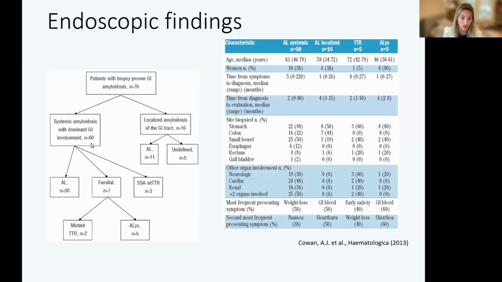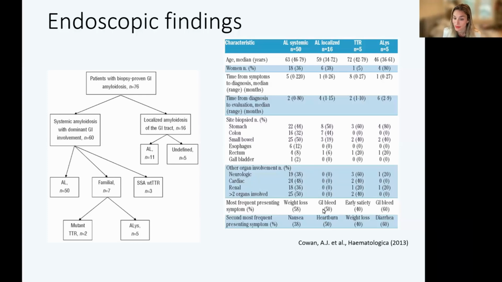Even with the systemic GI involvement, the most common type, which panned out in other studies as well, is going to be the AL type, with lesser common familial or TTR and other subtypes. In the patients with localized amyloid deposition, what we can see is that there's no other organ involvement.